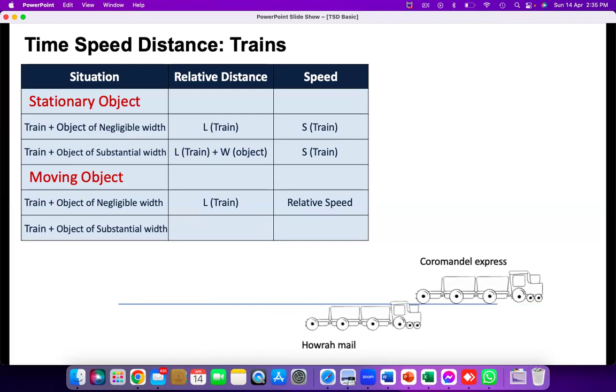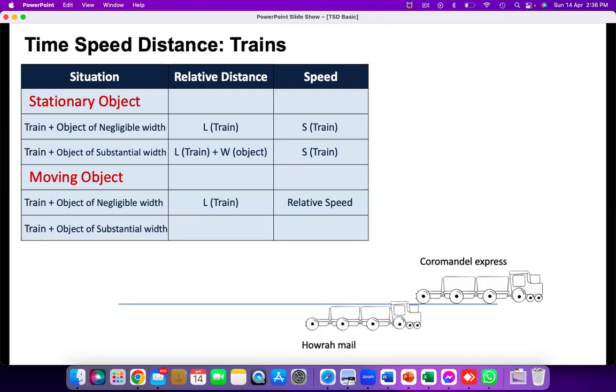Now, what is the total or relative distance? That is equal to the length of train 1 plus the length of train 2. Right? And what is the relative speed? Speed 1 minus speed 2, because they are moving in the same direction. If they move in opposite directions, then what will happen?